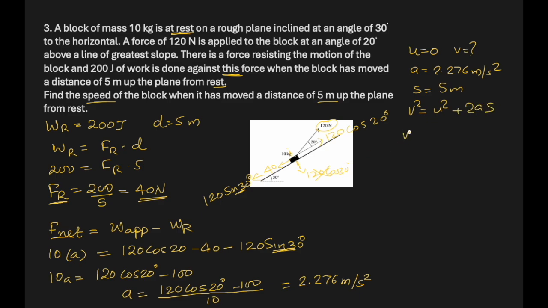V square equal to 0 square plus 2 times 2.276 times A. Okay, done. And S is 5. So V square equal to 2 times 5 is 10, 10 times this will be 22.76. Square root both sides, and we get the speed after 5 meters, which will be how much, square root of this? 4 point something. Let me use my calculator.